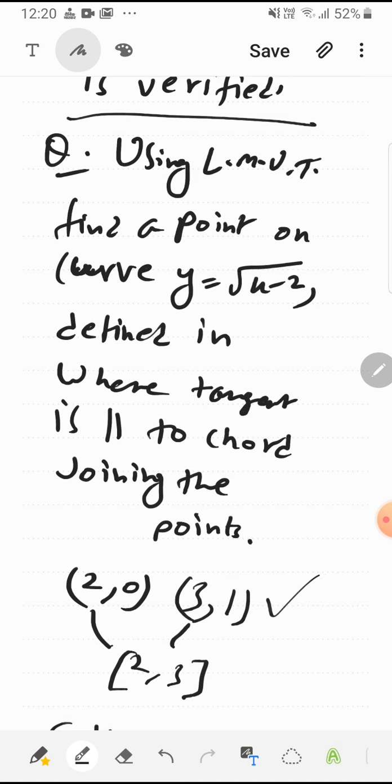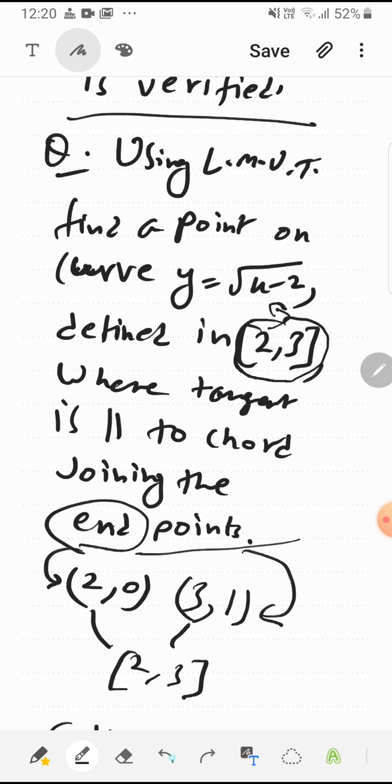So from here we have to make the interval ourselves. These are the values of x, so we have to make the closed interval 2, 3. Only the values of x will make the interval. In our case it is actually given, so we are using the interval.